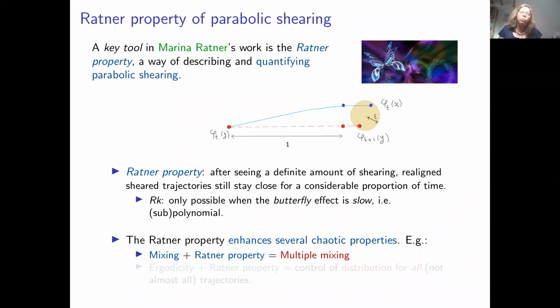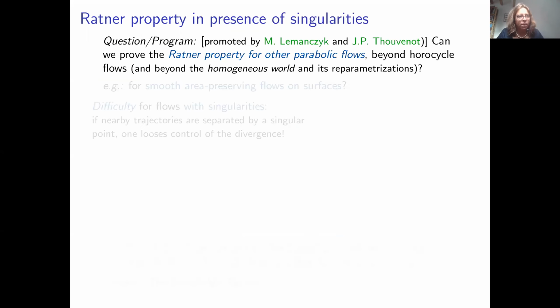It's like decay of multi-correlations. And if you have ergodicity and the Ratner property, ergodicity usually gives you control of almost every trajectory, but with the Ratner property, you can control every trajectory. And this is key in the measure rigidity type of results that she proved.